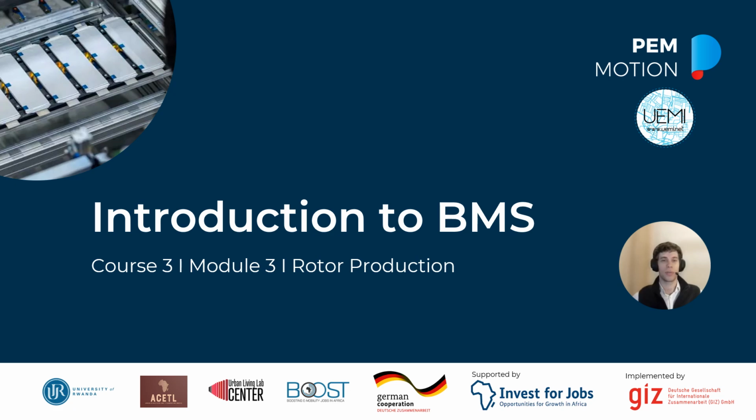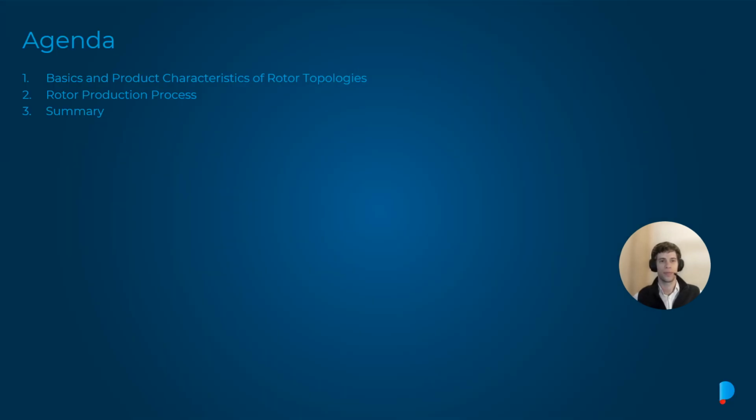This is module number 3, Rotor Production. The first chapter is called Basics and Product Characteristics of Rotor Topologies. After that, we take a deep dive into the rotor production process.